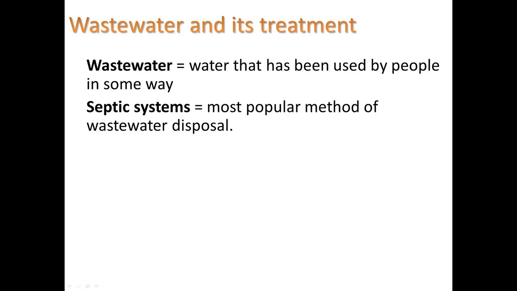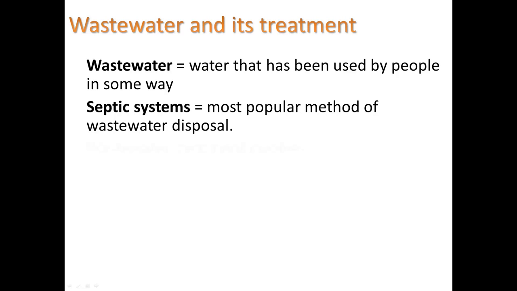And from there, it slowly leaks out of specially designed pipes into the surrounding soil, where microorganisms can further break down any contaminants that still exist, or not contaminants necessarily, but organic matter, fecal matter or organic waste from the kitchen, things like that.